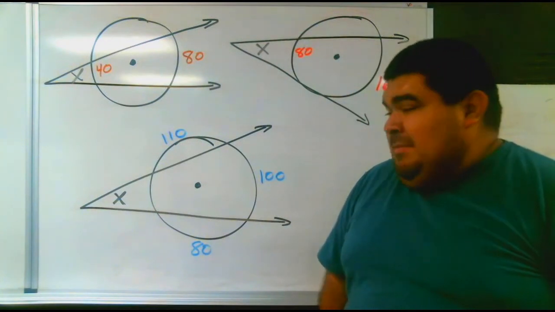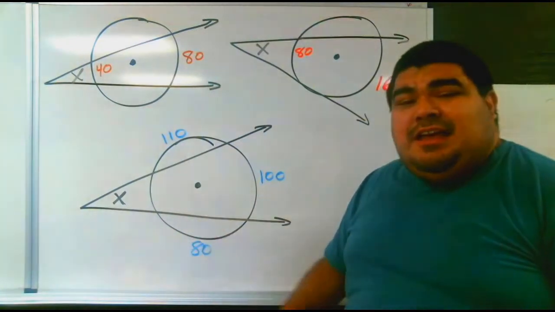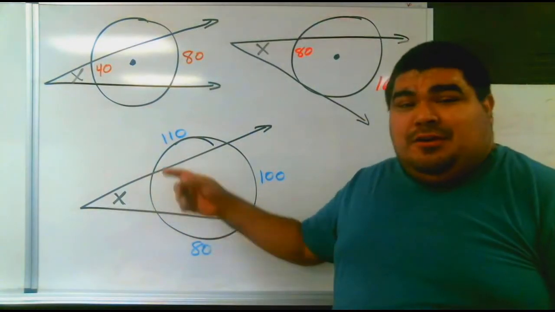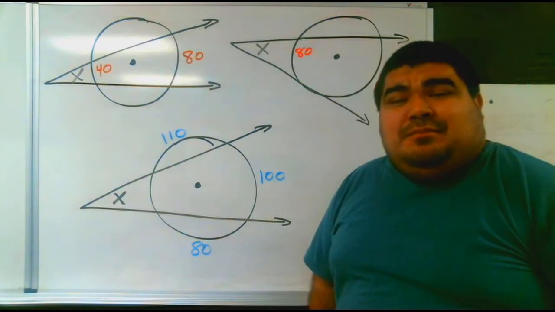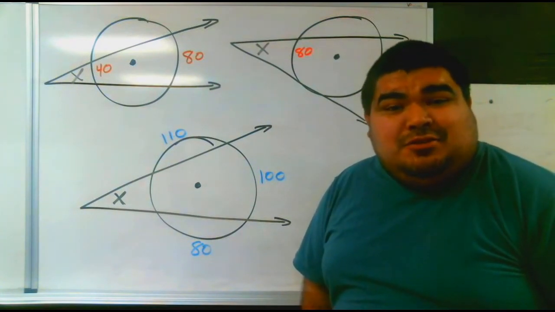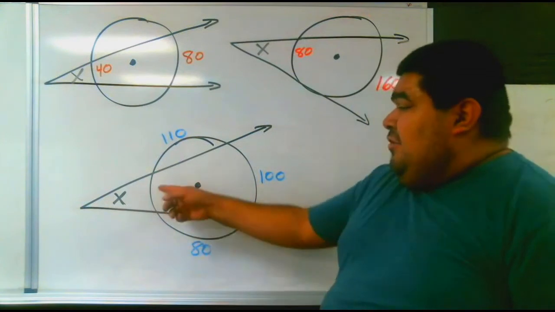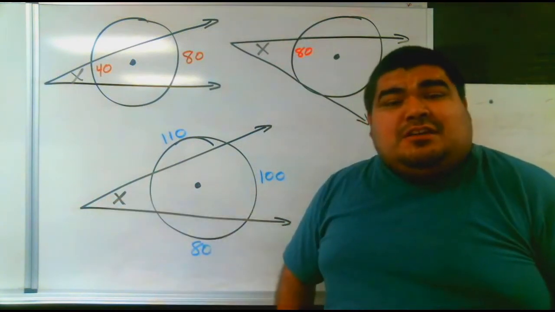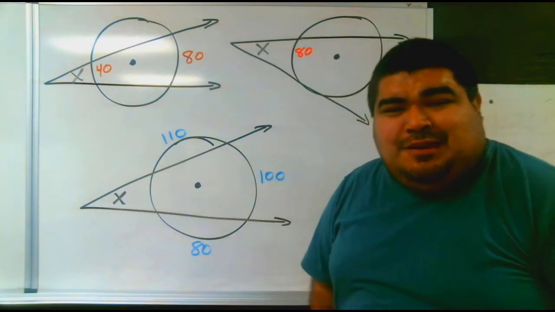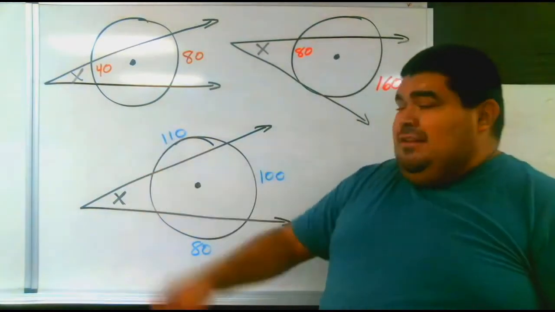Remember, I gave you most of the sides. You can solve for that arc using techniques from past concepts. Once you solve for the arc, you can actually solve for that x. So we have 180, 110.